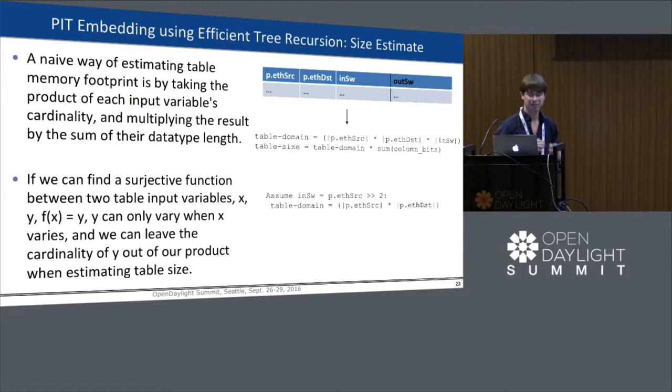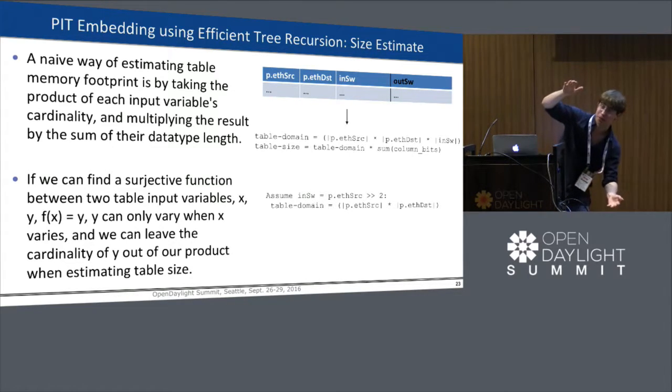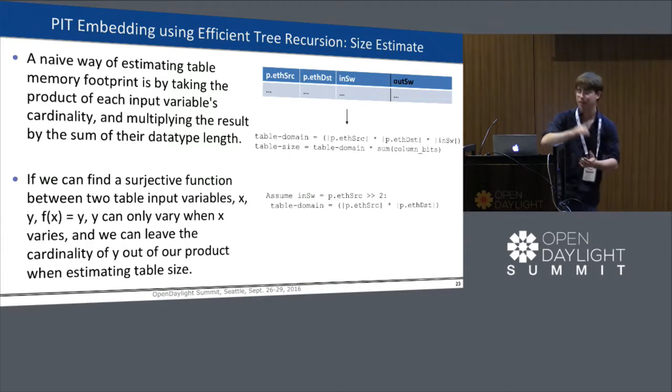Finally, we have to estimate the size of each subset of tables we generate. A naive way of estimating any table memory footprint is by taking the product of each input variable's cardinality, that is, by taking every single value that each input could possibly have, and then multiplying the result by the sum of the data type lengths.